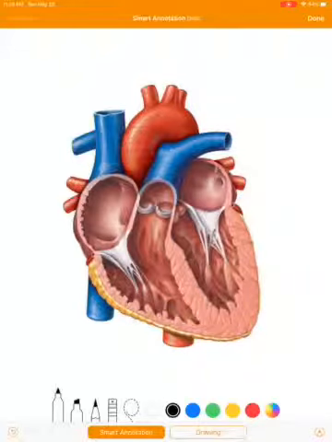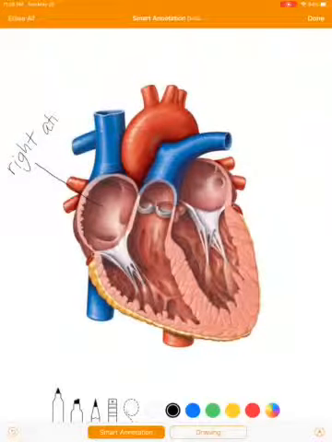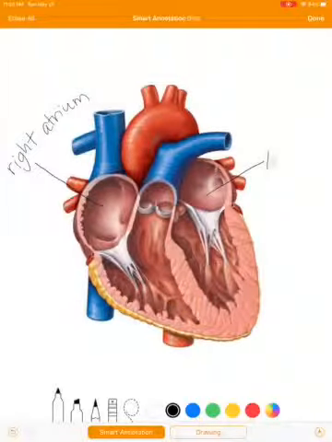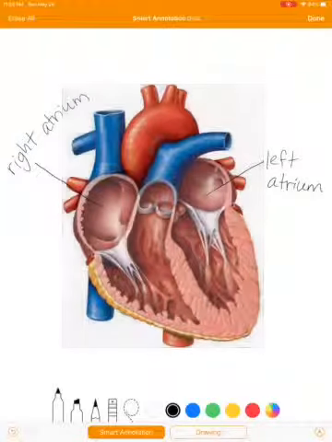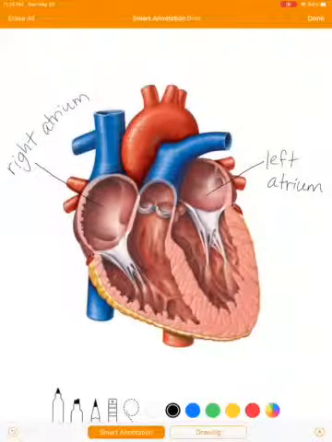Okay, so over here we have the right atrium. And then up here we have the left atrium. So those are the receiving chambers. Those are the chambers that receive blood either from the body or from the lungs.